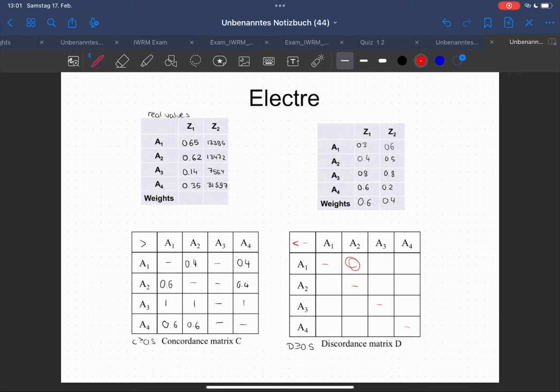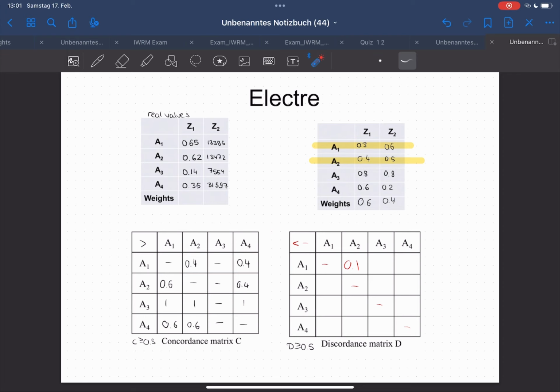So there's no summing up. You just take only the highest difference between A1 and A2. So for example, A1 is smaller than A2. Yes. And here we have a 0.1, here 0.1. So we put in 0.1.